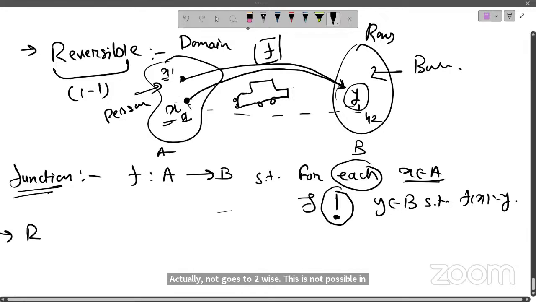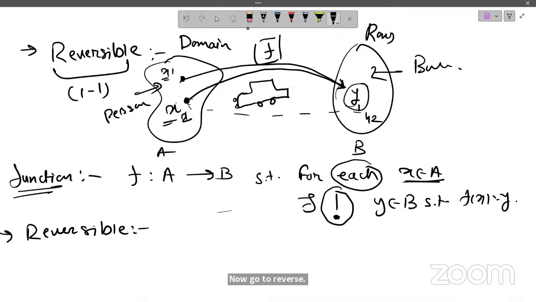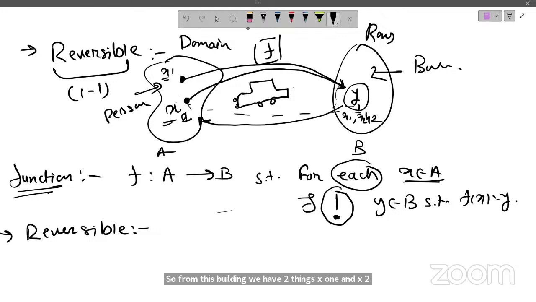Now go to reversibility. What happens if our function takes two persons to the same building and we want to go back from this codomain to this domain? From this building we have two things, x1 and x2, so we can get confused about which person to take and where to go.